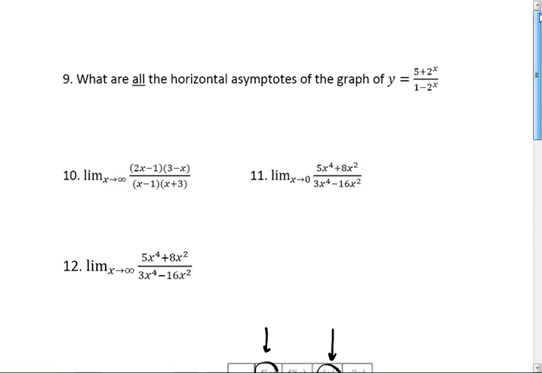Okay. What are all the horizontal asymptotes of the graph of y equals? This is 2008, number 19, multiple choice. This is the one they threw out of the exam. It's the only one they've ever done that with. So I don't know why they did that.